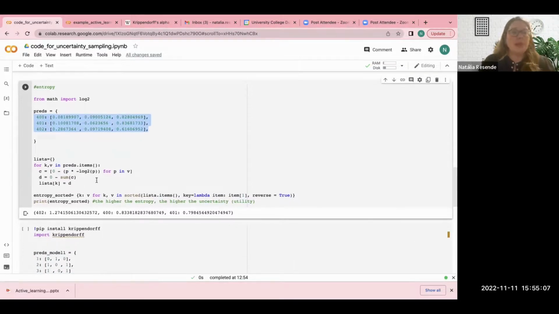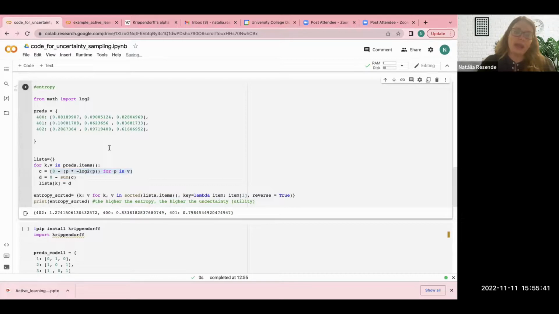And then we have to import this module here for us to calculate the logarithm base 2. We calculate the probability multiplied by the log 2 of the probability, and then after that we sum all the entropy scores, and then we subtract from 0.